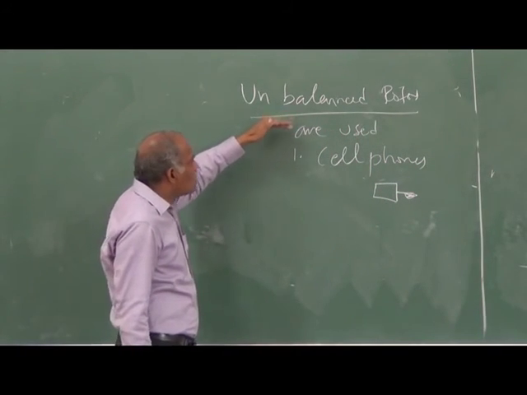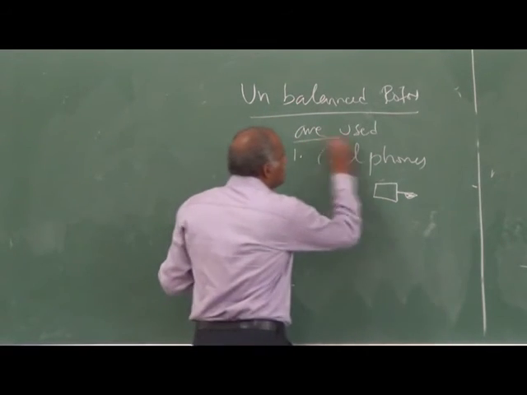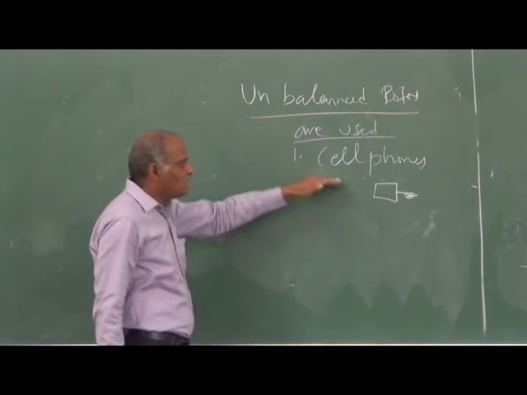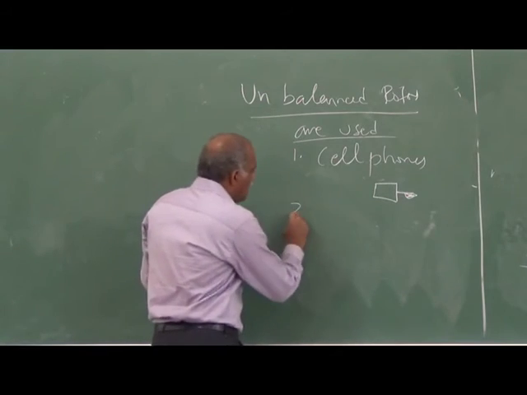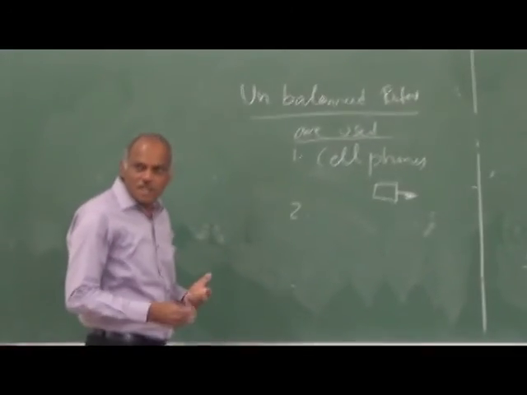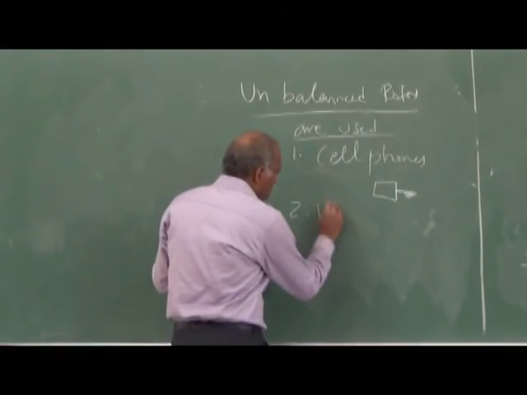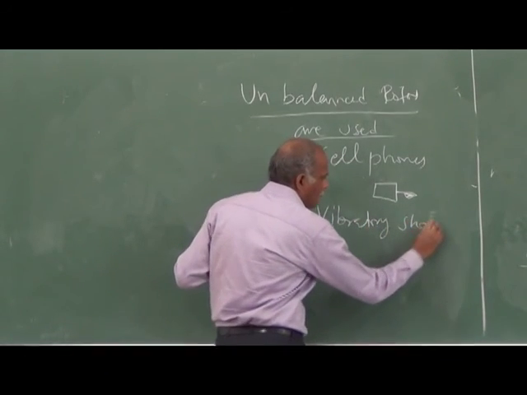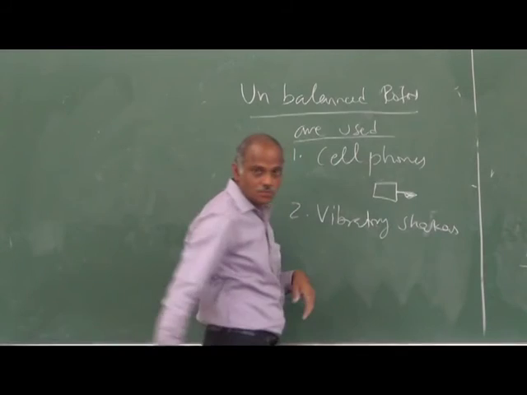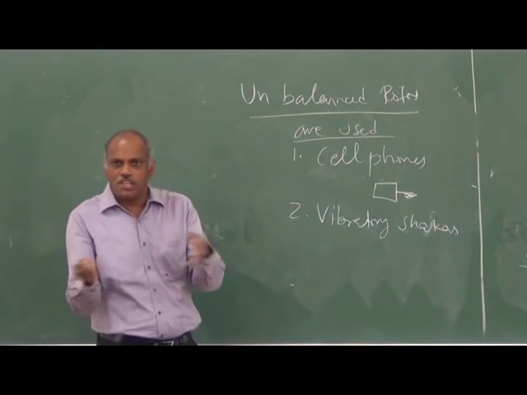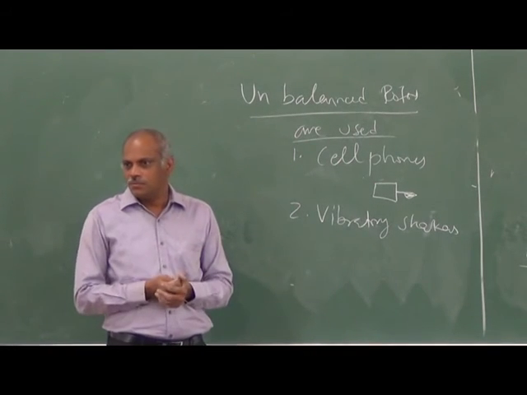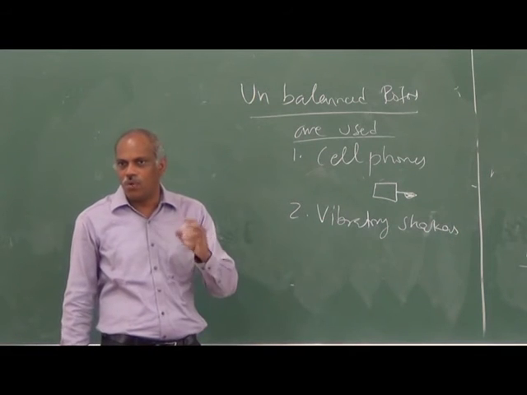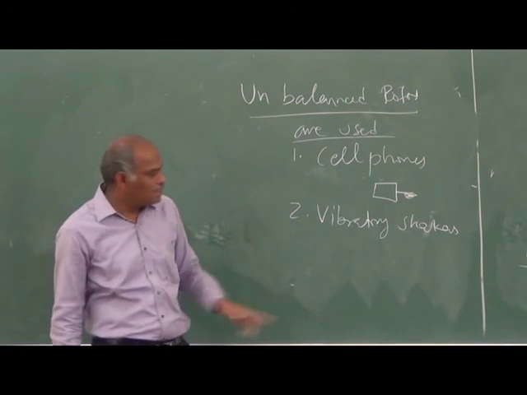So unbalances are used in an effective way in cell phones, and in some vibratory shakers for sieving or transporting material, where you want to create such a vibration.